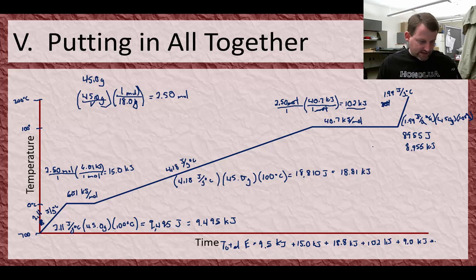When we add those together, we take 9.5 plus 15 plus 18.8 plus 102 plus 9, we get 154 kilojoules.